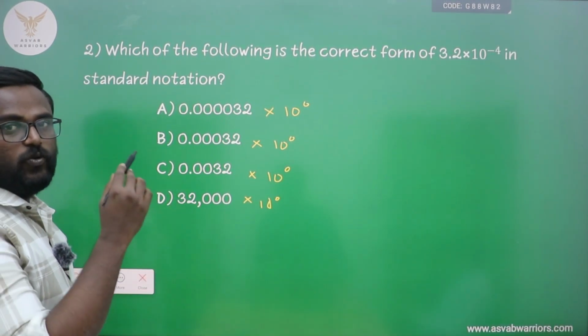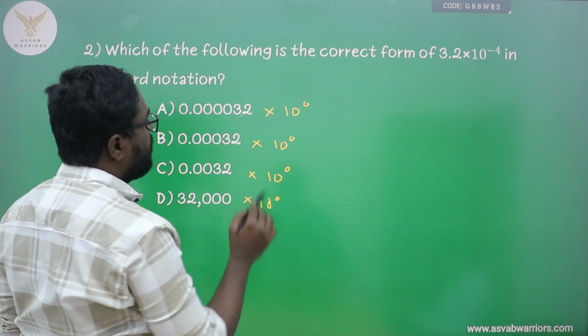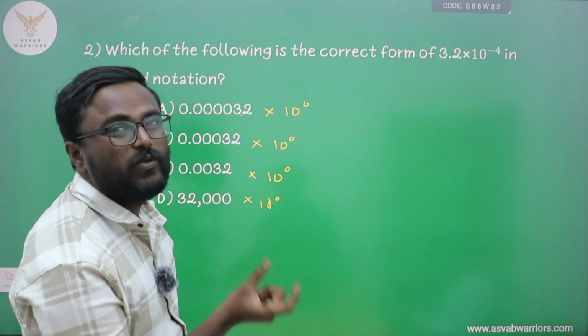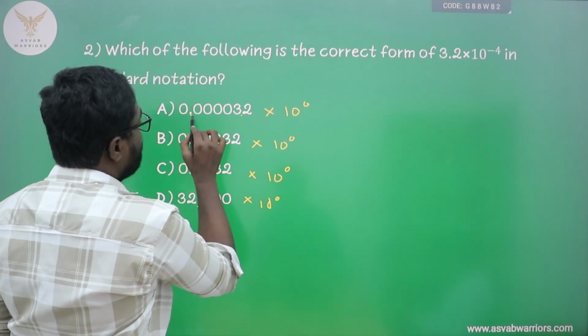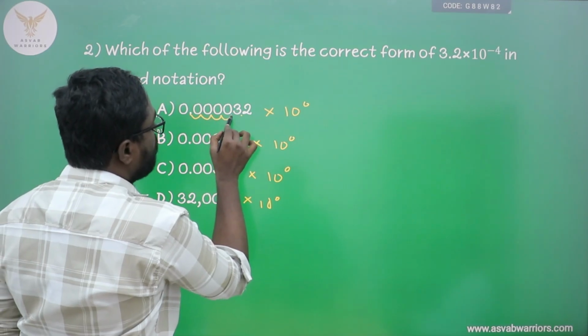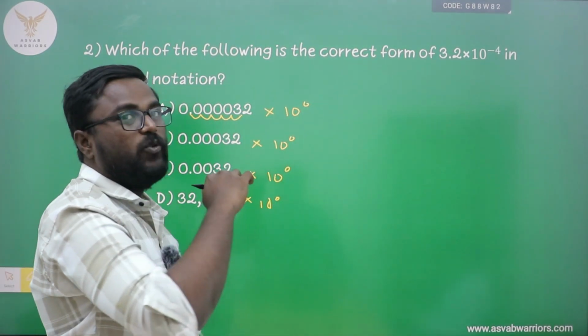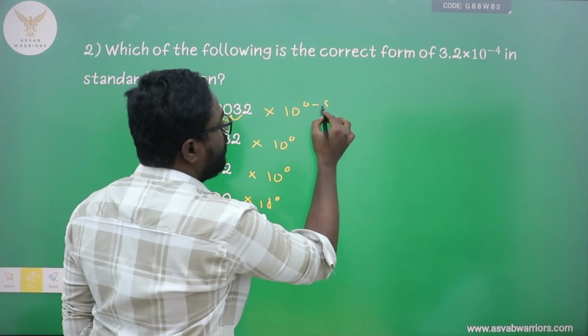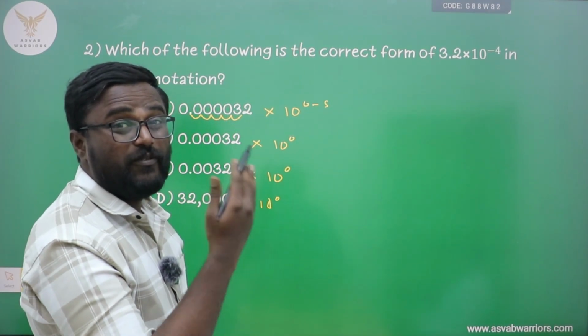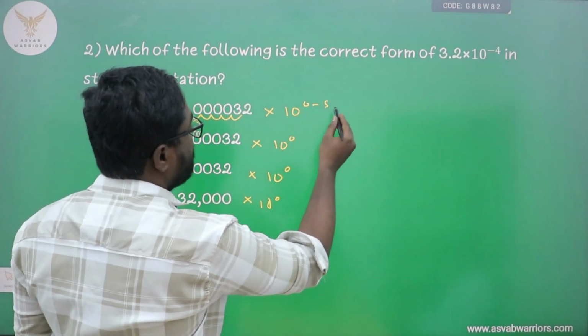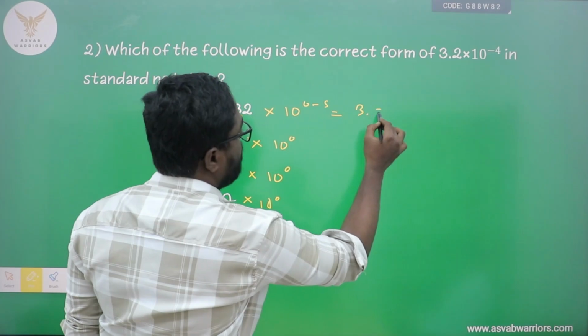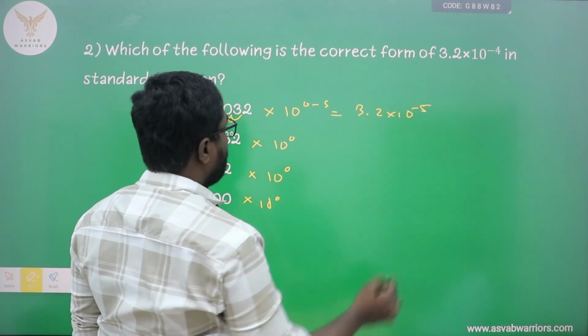Now if I have to bring it here, standard notation means we have to put one number to the left-hand side. So let's move it this way. 1, 2, 3, 4, 5. If I am moving it right, it should be 0 to minus 5. Reduce. So I don't think this is correct. This will be 3.2 times 10 to the power negative 5.